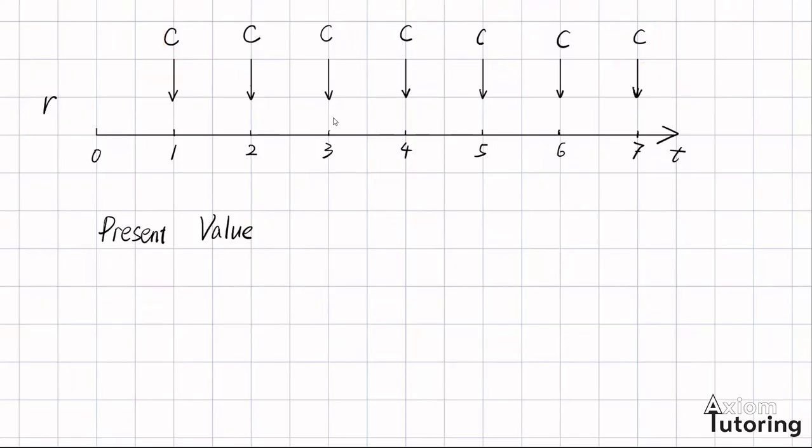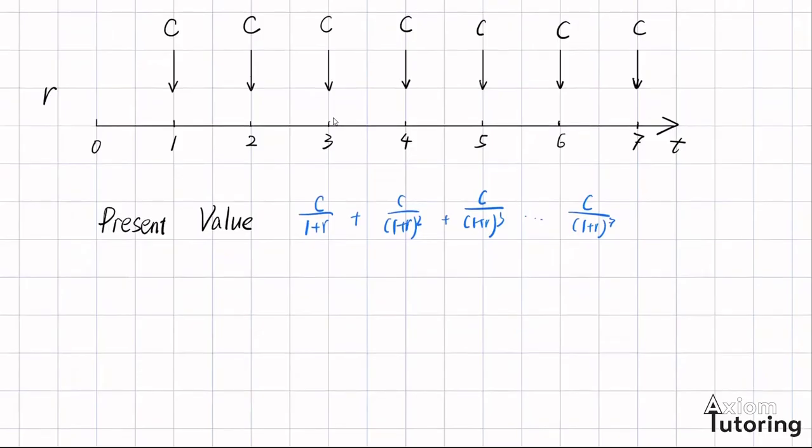We can always write it as C over 1 plus R, plus C over 1 plus R squared, plus C over 1 plus R to the power of 3, up until there are 7 years, so 1 plus R to the power of 7. If you're given specific numbers, you can always work this out, but it's quite a fuss.